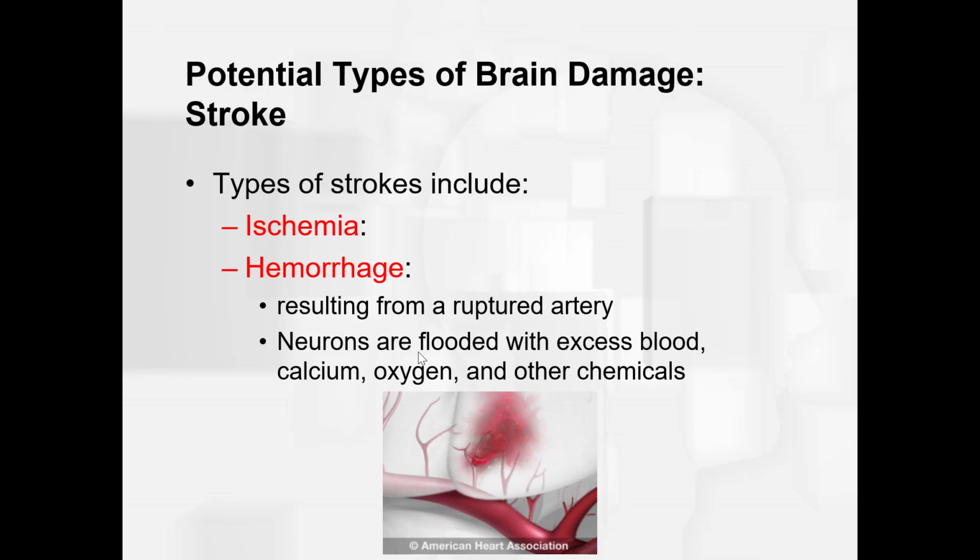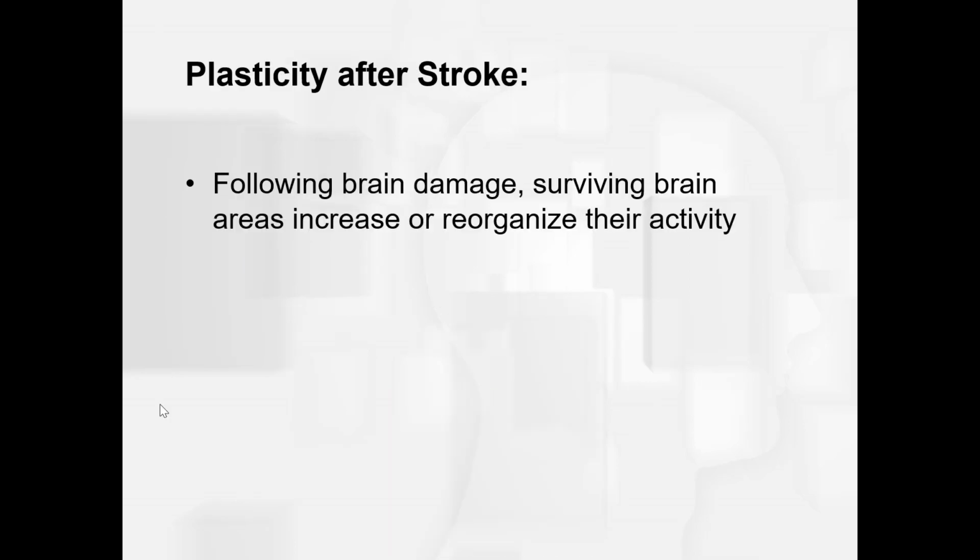Another word sometimes used for this is an aneurysm. So it's the ballooning. An aneurysm is a ballooning of a weakened region of a blood vessel, and if left untreated, that aneurysm can rupture, leading to this hemorrhagic type of stroke.